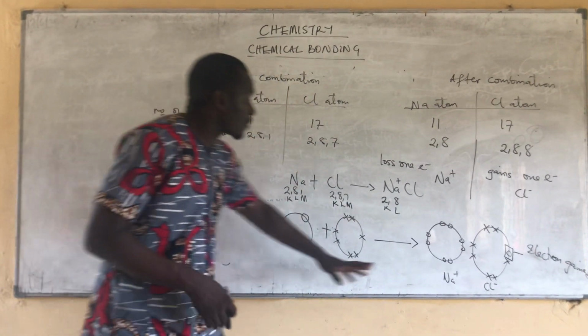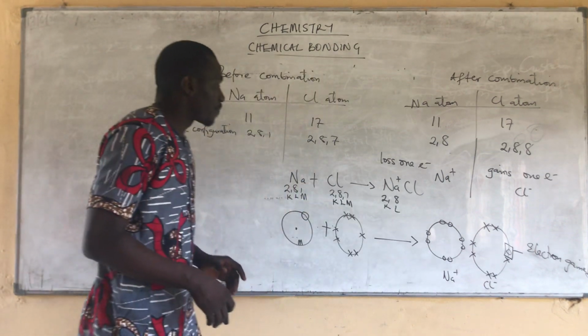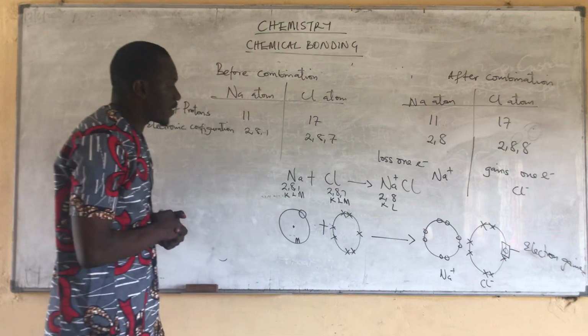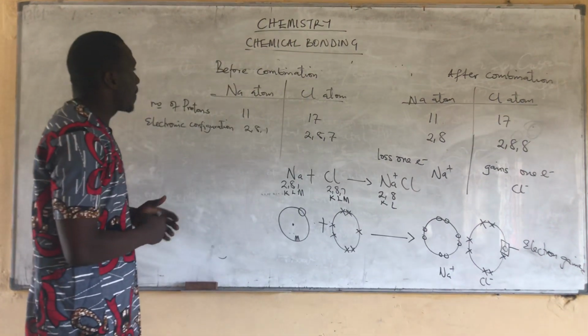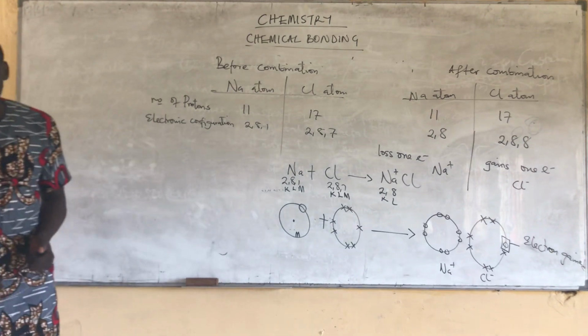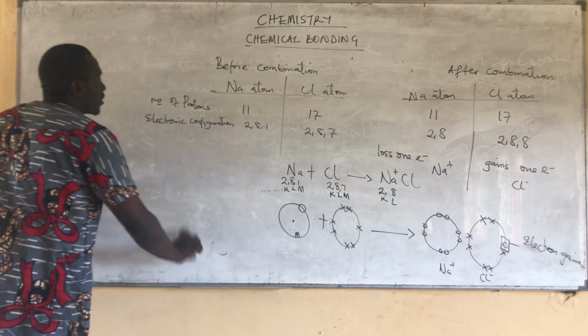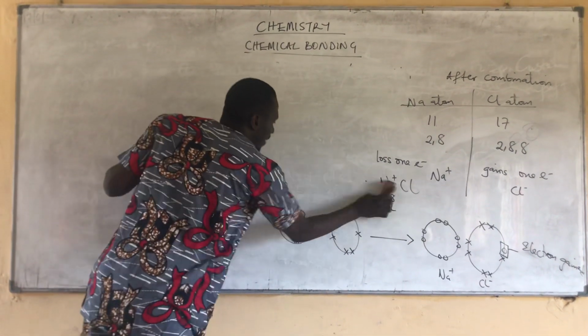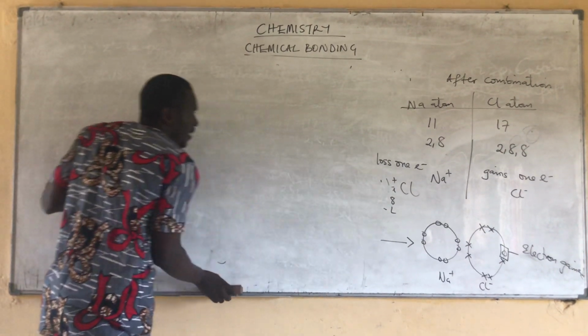As a result of that, there will be formation of ions. Due to this process of transferring and gaining of electron, this gives the electrovalent compounds, the ionic compounds, their properties.